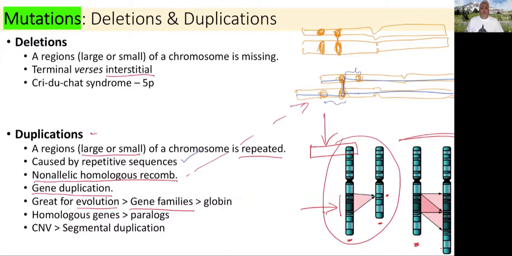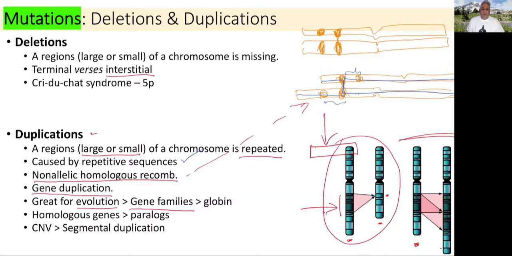Myoglobin would have been the original protein that allowed our distant ancestors, maybe primitive animals, to carry oxygen in their bodies. And then from that, gene duplications seem to have happened twice, two major times. And the first time led to the formation of the beta globin type genes. And then from that, we now have the alpha and the beta globin genes, right?